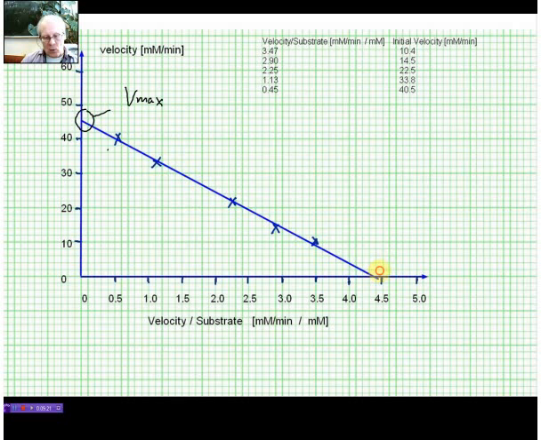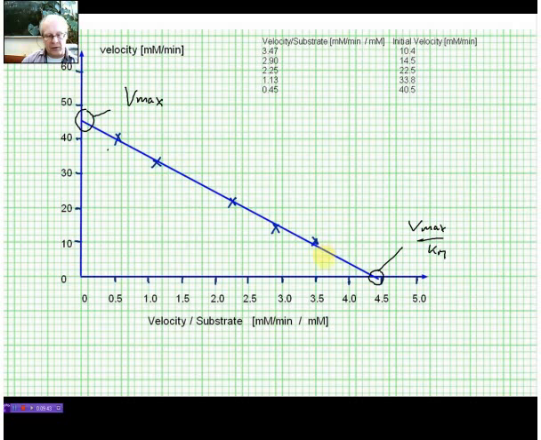Likewise, we can look at this intercept here, and because it is on the velocity over substrate axis, we know that this intercept here must be our Vmax over Km.